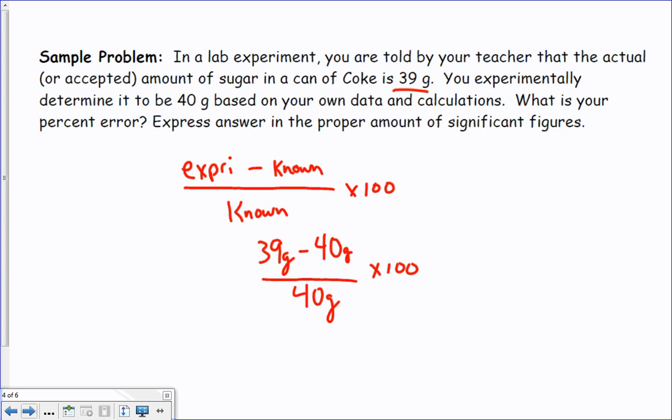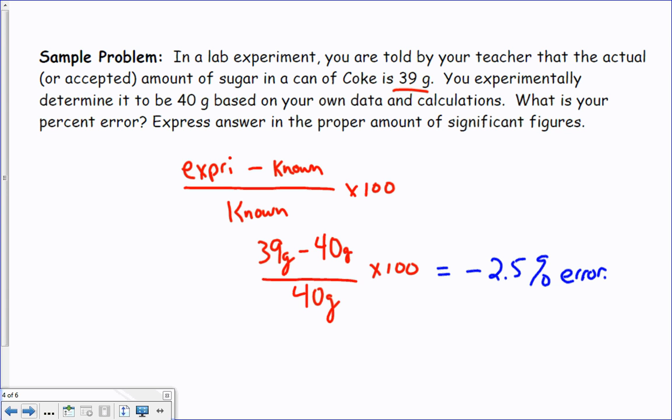So I get 39 minus 40 equals -1, divided by 40 equals -0.025, times 100 equals minus 2.5% error.